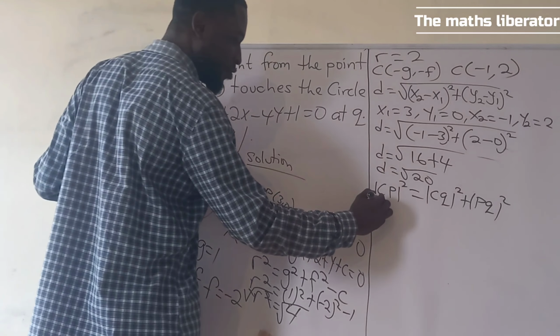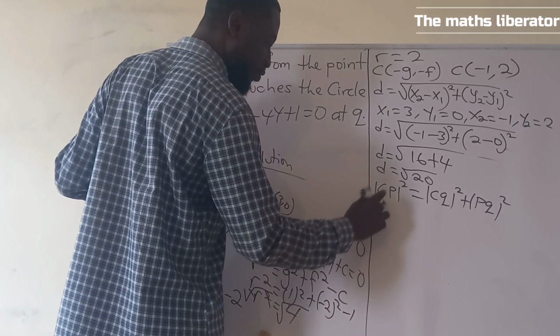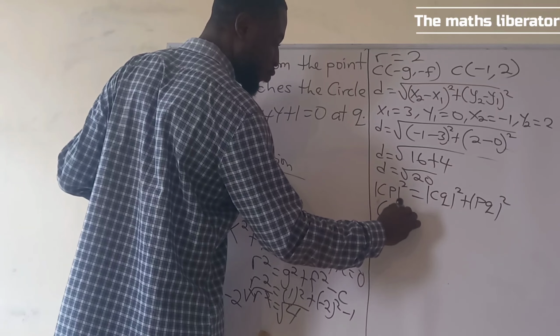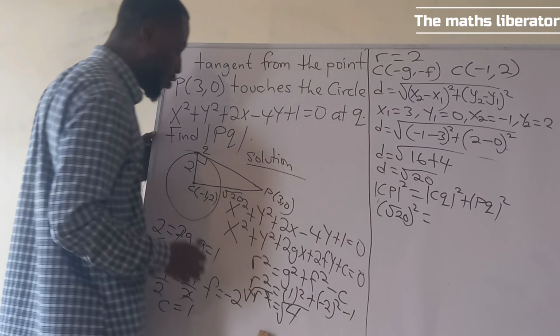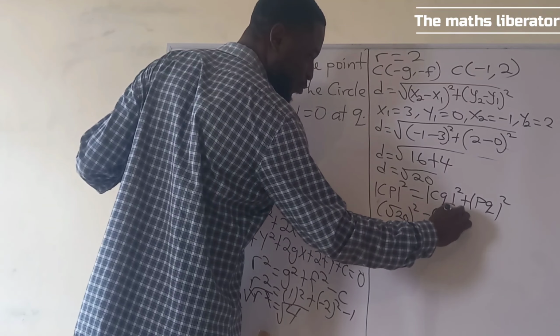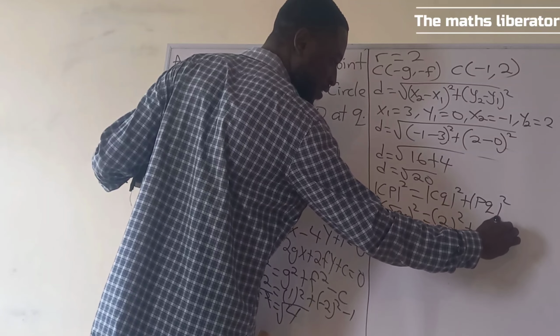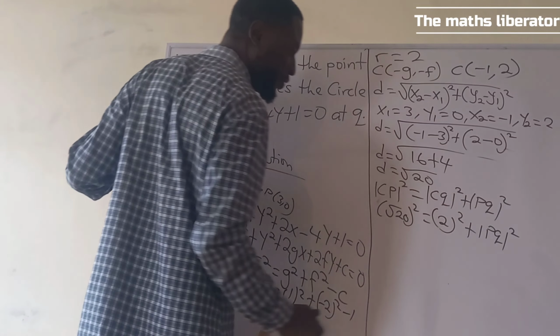Length CP is square root of 20, and length CQ is 2. Length PQ is not given. That's what we are finding.